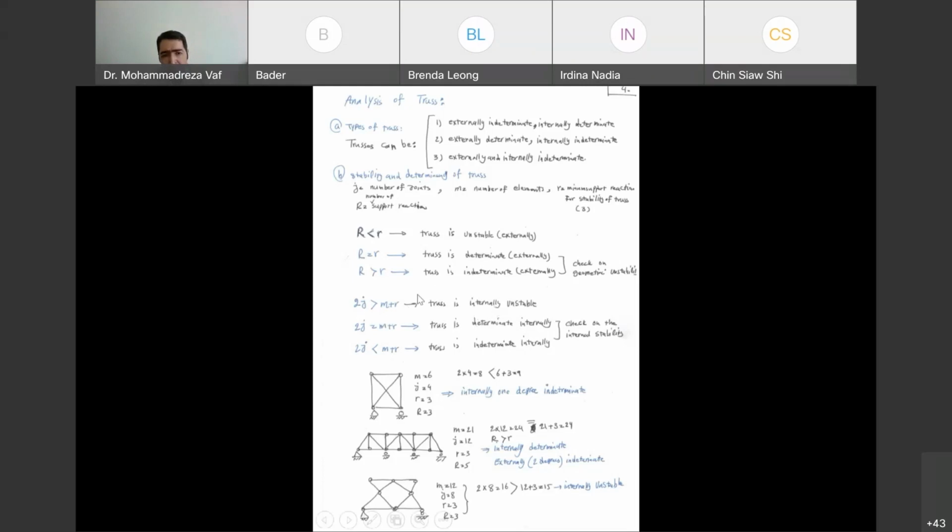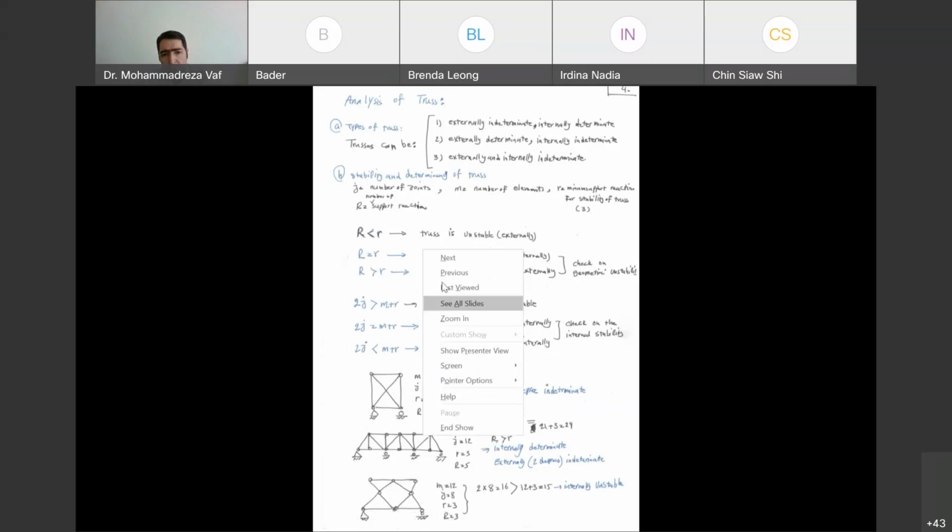This equation shows whether your truss is stable or unstable. Stability means under the load applied to the structure, it can resist without large deformation. If after you apply the load it can collapse or have a large displacement, we consider it to be unstable.